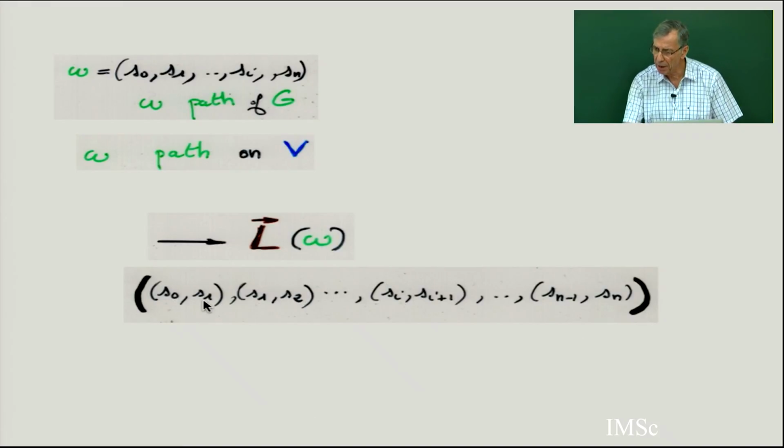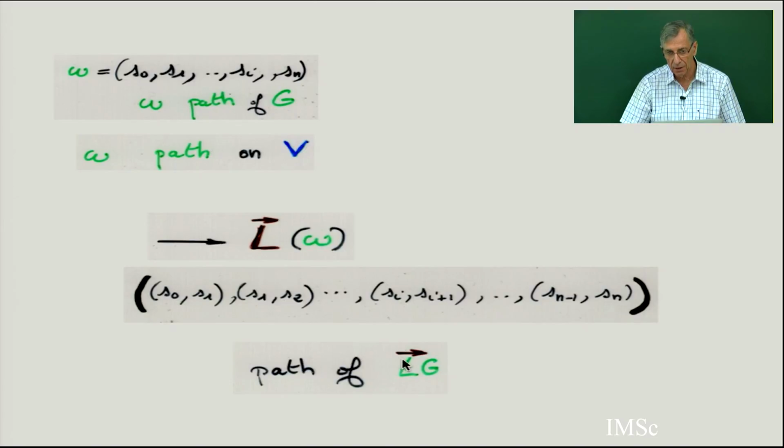So this will be a path, a sequence of edges. It will be a path on what is called the line graph. We have seen the median graph at the very beginning of the course, there was a starfish, remember, to show that any heap was a heap of subsets. So I define the median graph. This is the path in which the vertices are edges.